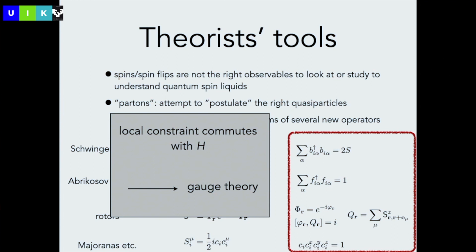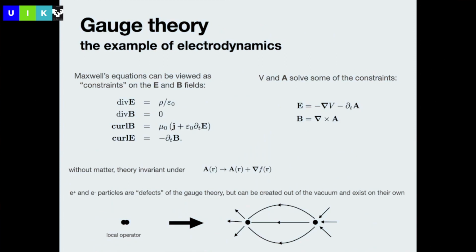Okay, so there is a gauge. The fact that there is a constraint is associated with the fact that there is an emergent gauge field if you take these descriptions. And we'll see this more explicitly in these other examples.